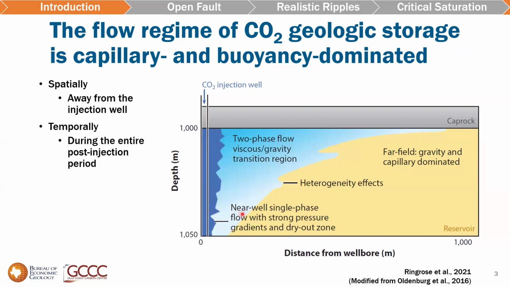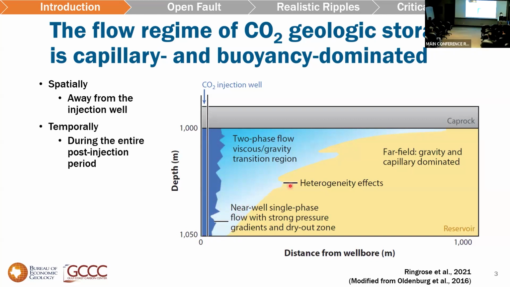But as the plume migrates away from the well, that pressure gradient dissipates very quickly. So now, instead of the pressure driving the flow of CO2 into the formation, CO2 is now being driven by buoyancy forces, because the CO2 density is less than the formation brine.